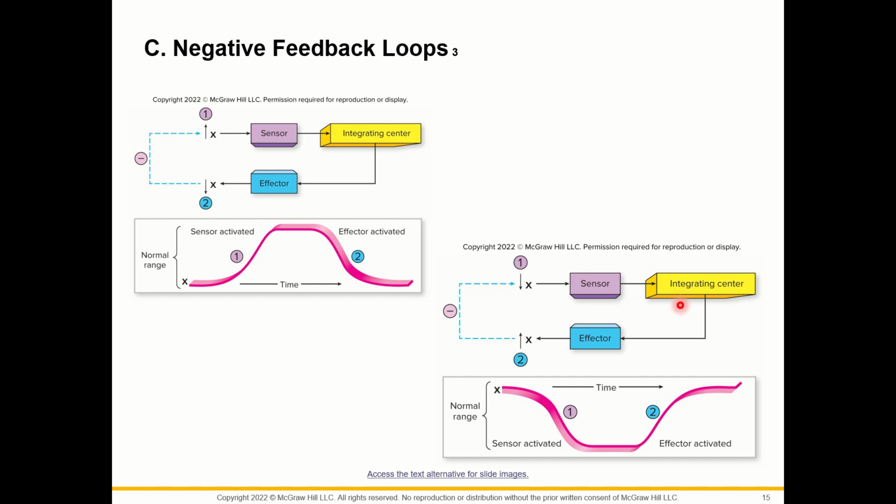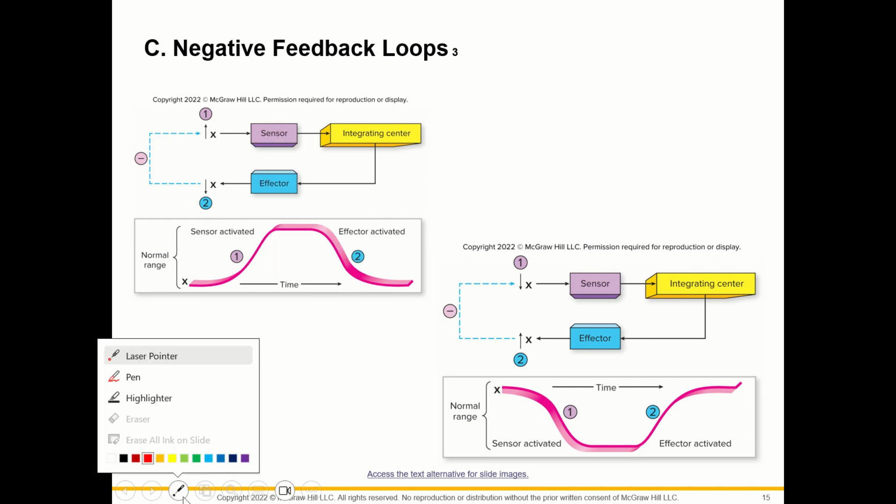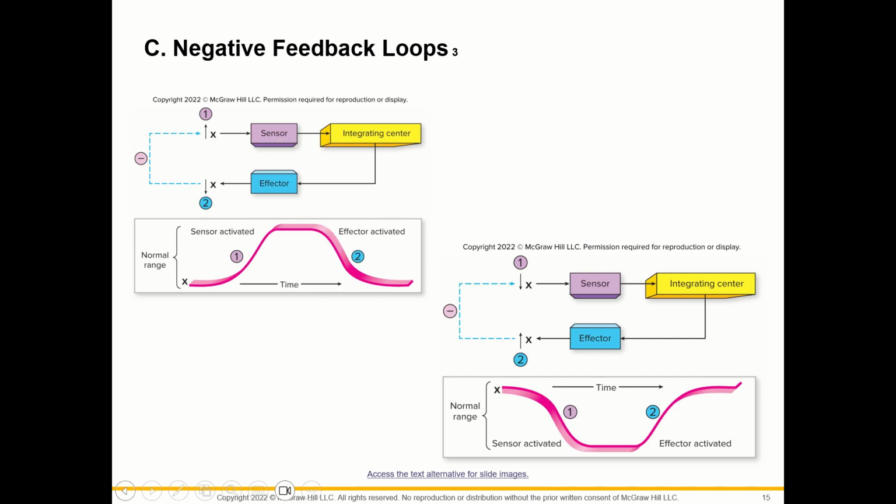Taken to the integrating center for processing, a decision is made which goes to the effector organ, which carries about the process of reversing the change in the stimulus and bringing factor X back up to normal levels, thus completing the negative feedback loop. The take-home message here is that the negative feedback reverses the change in the stimulus and takes us back to our normal set point.